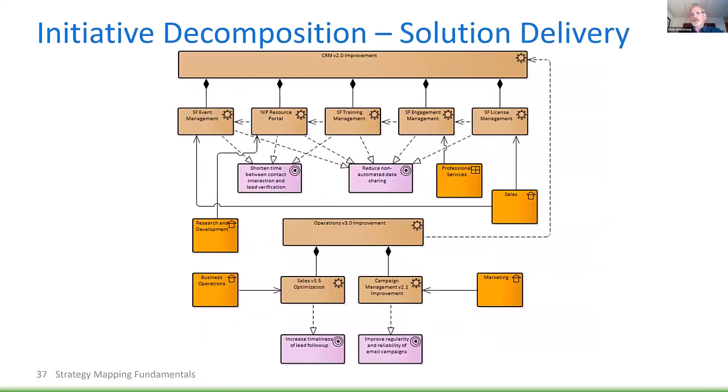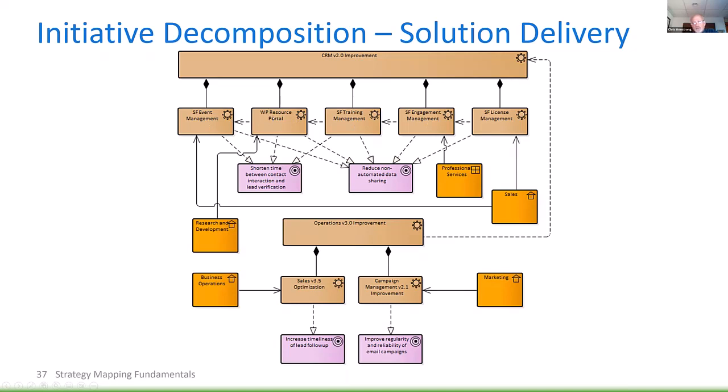And this is the outcome of doing a lot of the business and enterprise architecture work. Now that we have 2 initiatives, which are the big brown boxes, CRM and operations improvement, we decided that we were going to do 5 solution delivery projects to implement this initiative. Just FYI, SF has to do with Salesforce. So we're going to do Salesforce event management, training management, engagement management, and license management.